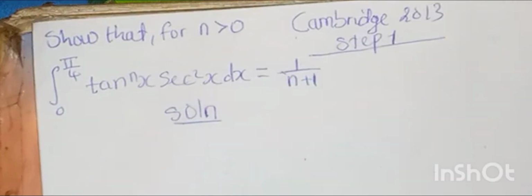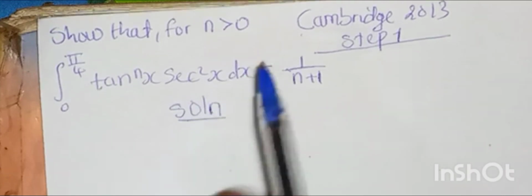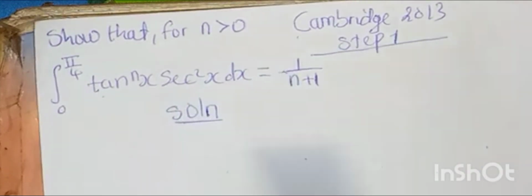Now we know for sure that when it comes to integrals, tangent and secant are best friends, and since I have tan and I have sec squared x, that makes the work so easy for me.